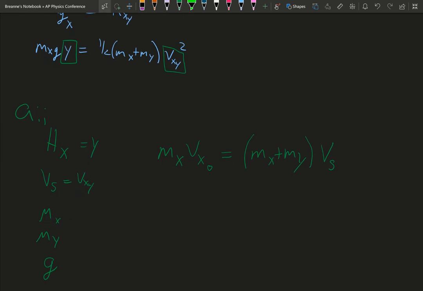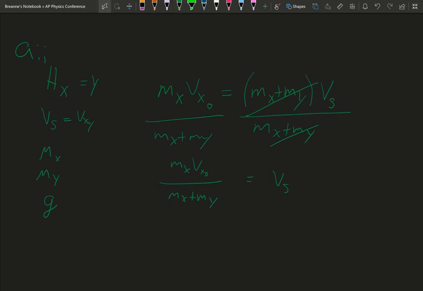We want that s by itself, so we're going to divide mx plus my to both sides. So we're saying that our vs equals mx vx naught divided by mx plus my.